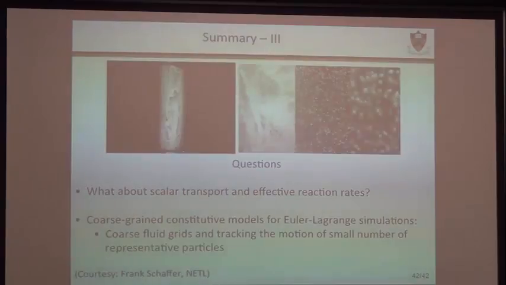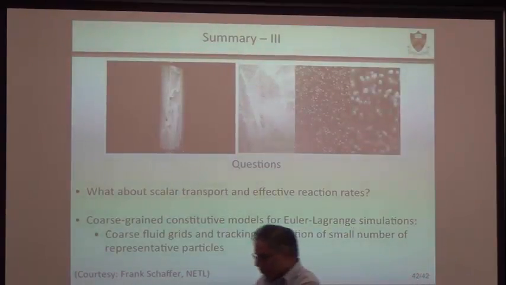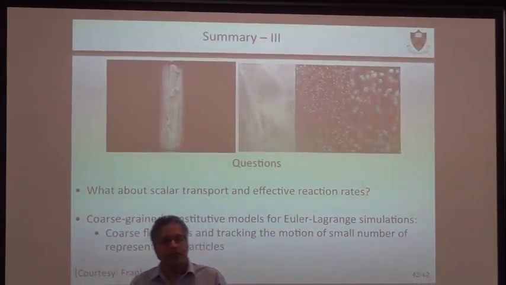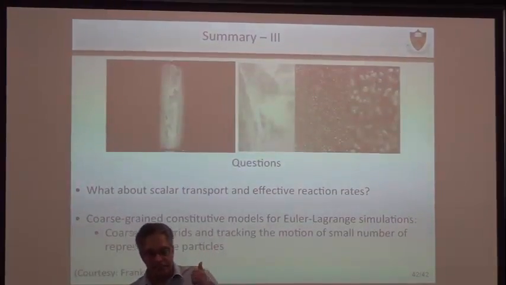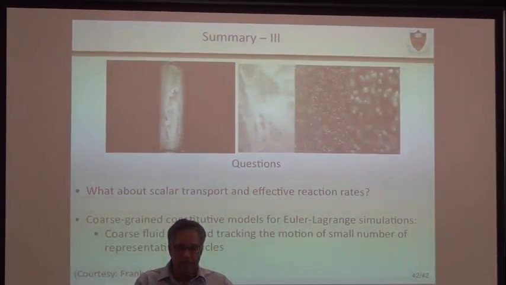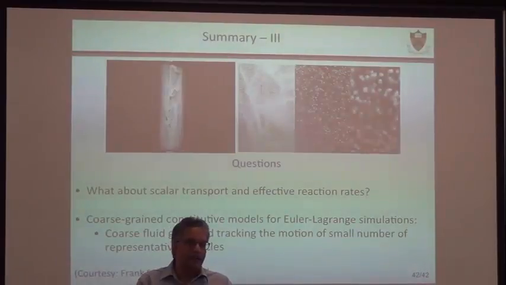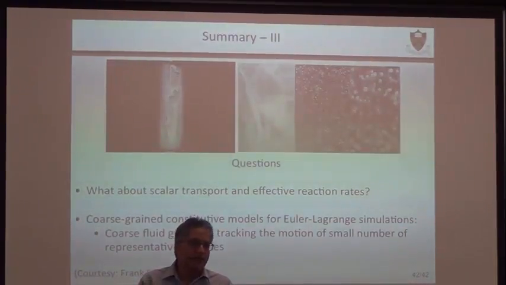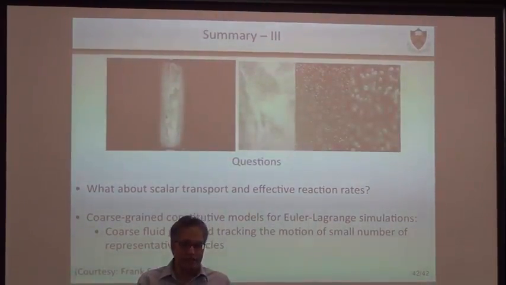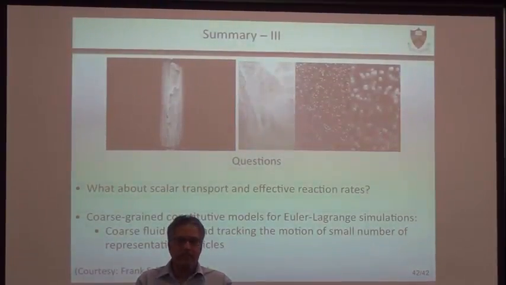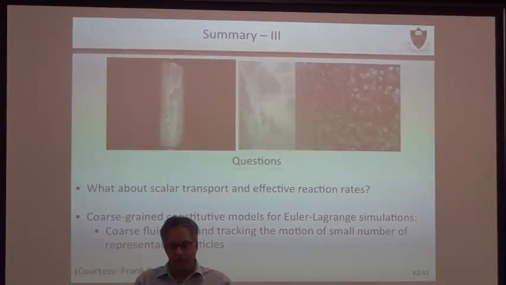But if you look at where the field is going, just a few quantifications for a few minutes and then I'll stop. Everything that we have done is for a single size of particles. But in a real fluidized system, we have a distribution of particles, and other complexities come in.